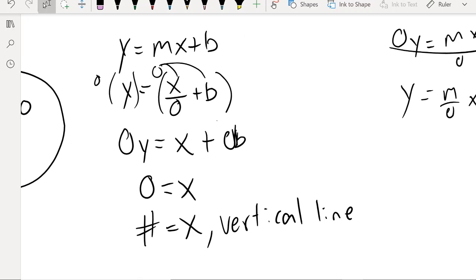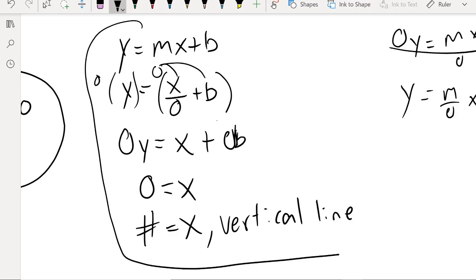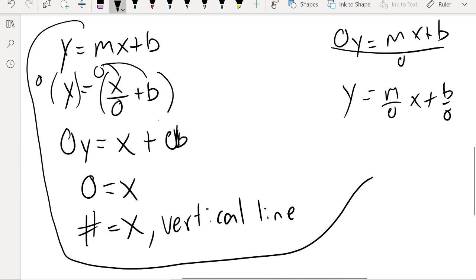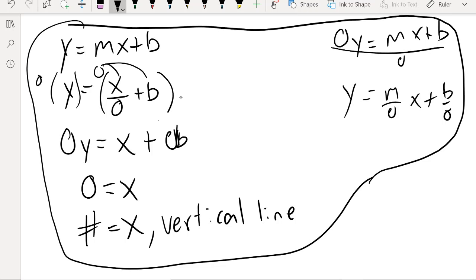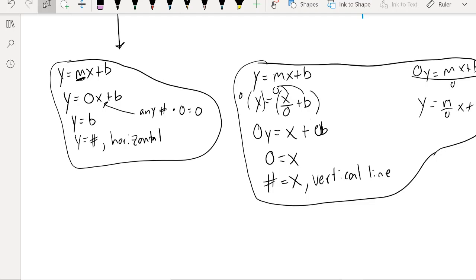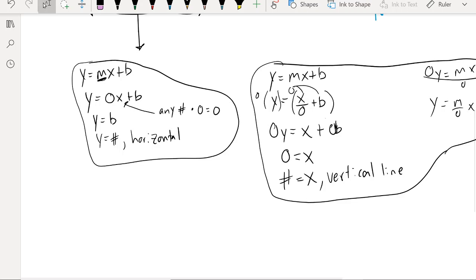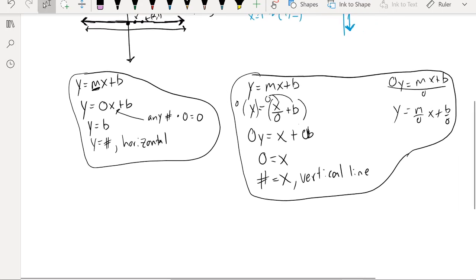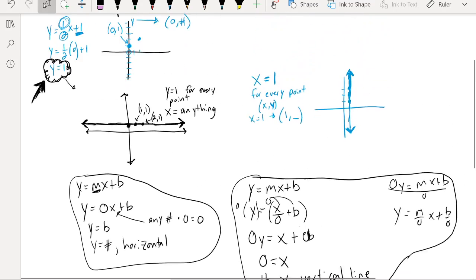But the slope also goes away when you make the slope infinity or divided by 0, undefined. So there's two reasons why the slope might go away and I might just have an x or a y and not both. That's when the slope is 0, giving me a horizontal line, and when the slope is something over 0, giving me an undefined or vertical line.